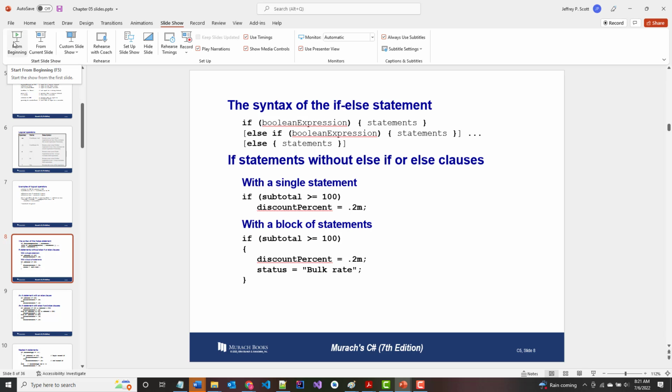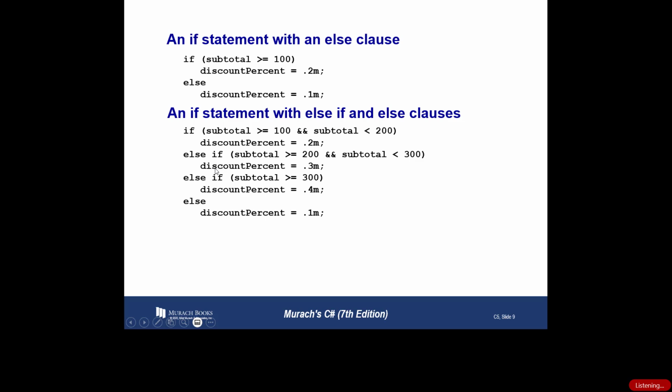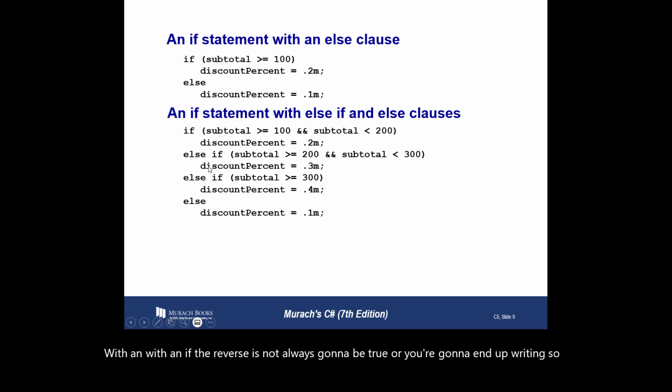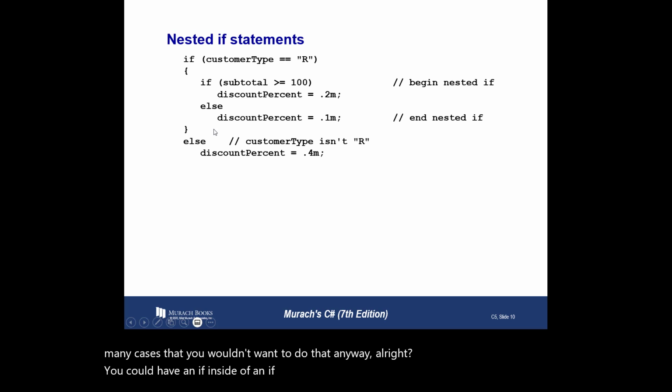All right. And virtually anything that you write with a switch, as far as I know, you can write with an if. The reverse is not always going to be true, or you're going to end up writing so many cases that you wouldn't want to do that anyway. All right. You can have an if inside of an if. These are known as nested ifs.